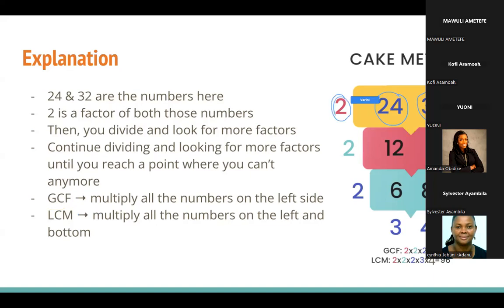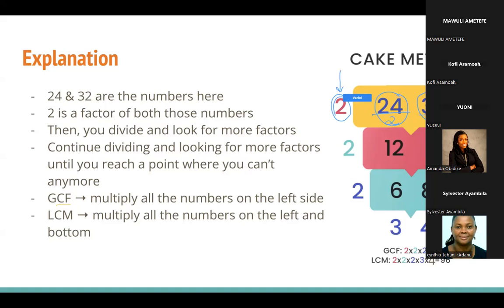So we can pull out 2 from it. Does that part make sense to everyone? Yes, please. Okay. Then, in order to get the next layer of our cake, we need to divide 24 by 2 and 32 by 2, because that's the factor we pulled out.